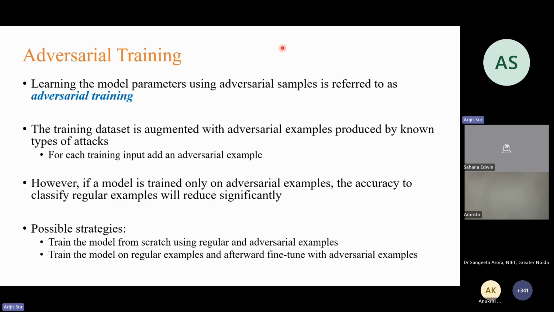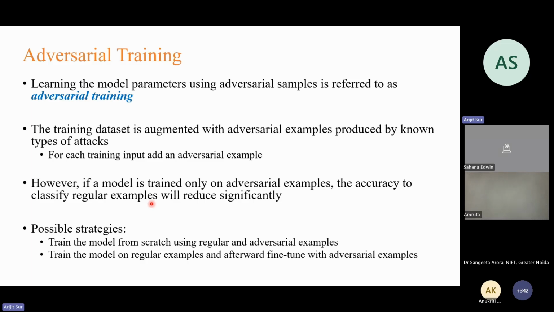So if we have adversarial samples, that means perturbed images, and we retrain the model with the perturbed images, this is called adversarial training. The training data set is augmented with adversarial examples from known types of attack. These are the basic ideas.